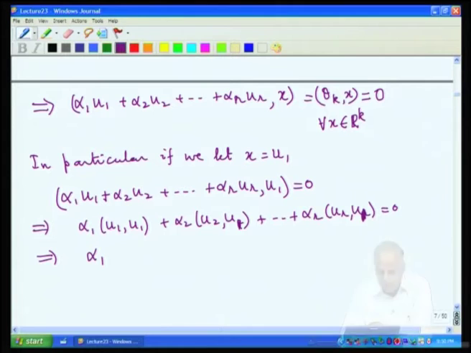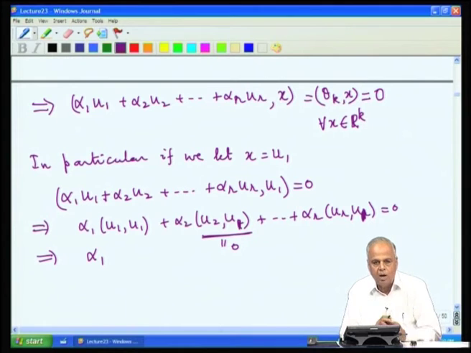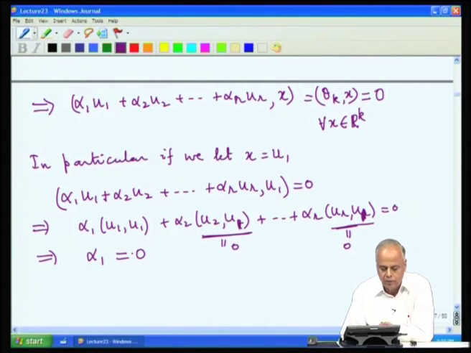Therefore, <u1, u1> is 1, so the first term becomes alpha1. Now, <u2, u1> is 0, because u2 and u1 are members of this orthonormal set, and any two vectors in the orthonormal set are orthogonal to each other, and therefore their inner product is 0. Similarly, <u3, u1> is 0, <ur, u1> is 0, because all these vectors are in that set and any two vectors are orthogonal. So, we simply get alpha1 equal to 0.